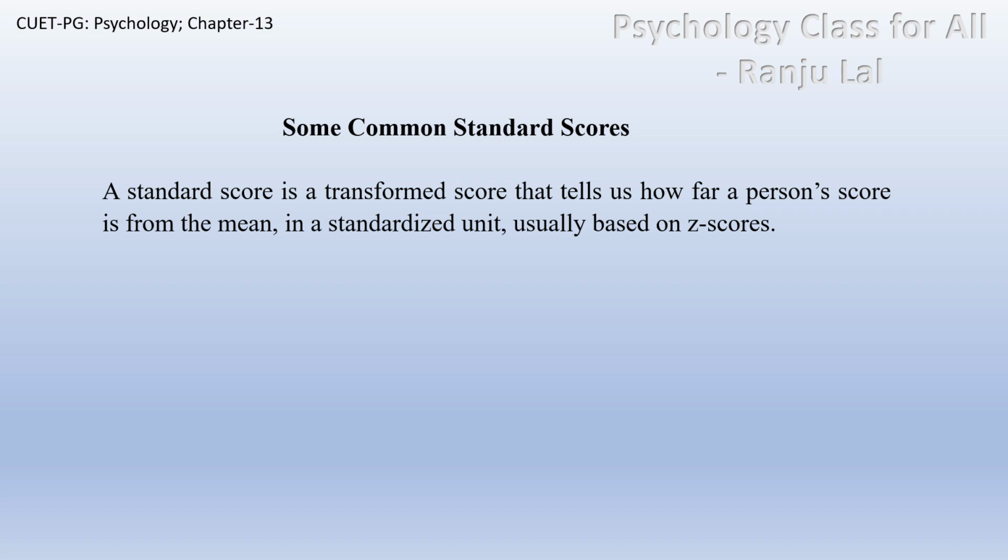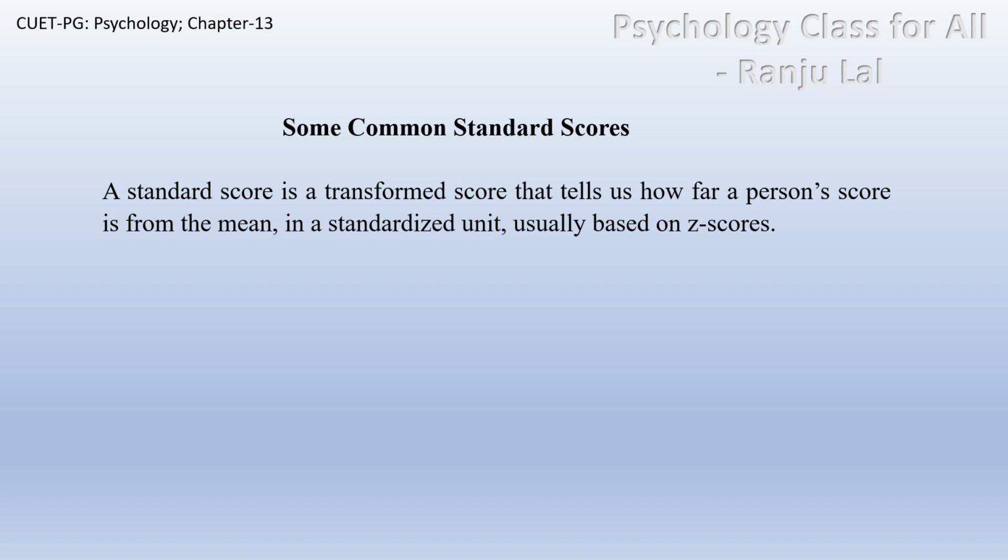A standard score is a transformed score that tells us how far a person's score is from the mean in a standardized unit, usually based on Z scores. In other words, it helps us compare scores from different tests or different populations using a common scale.